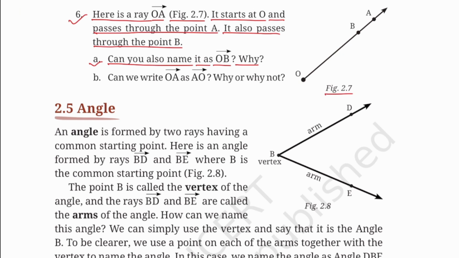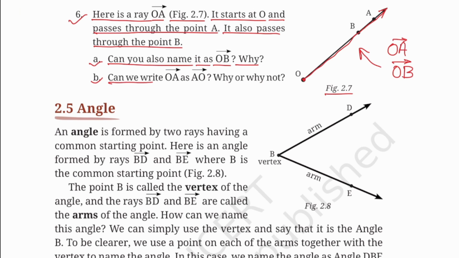A ray starts from a fixed point and goes endlessly in one direction. So you can name that ray with any other point on that ray. For example, you can name this ray as ray OA or ray OB. Both represent the same ray.